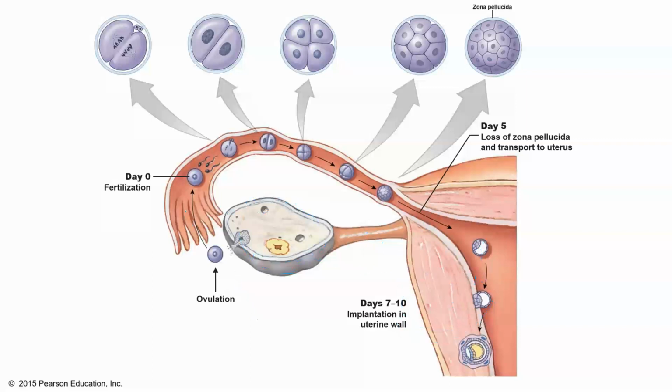So one of the things that's going to happen here is once the egg is ovulated, there will be a bunch of cells that were wrapped around it, and they were protecting it, and now they stay back in the ovary, and they turn into this really important organ called the corpus luteum. The corpus luteum creates this hormone known as progesterone, and progesterone goes and tells the uterus to proliferate.